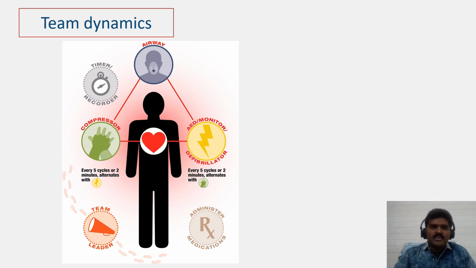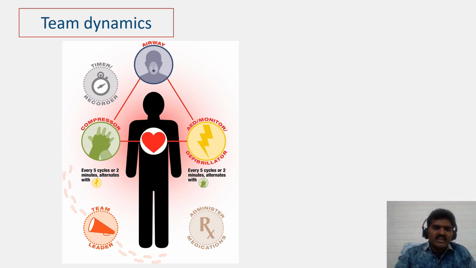And one person manages the defibrillator. This person every 5 cycles alternates with either the compressor or the airway management. The movement of these persons should be in only one direction, clockwise, without interposing directions.